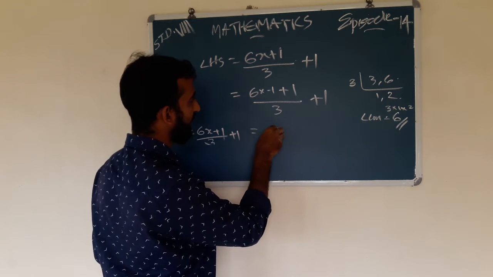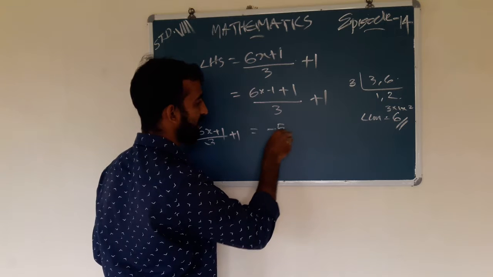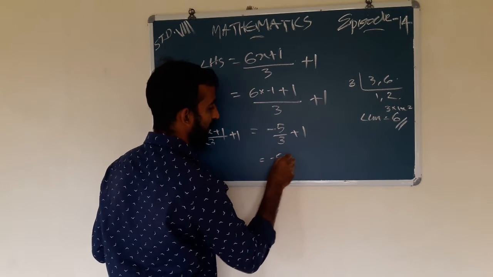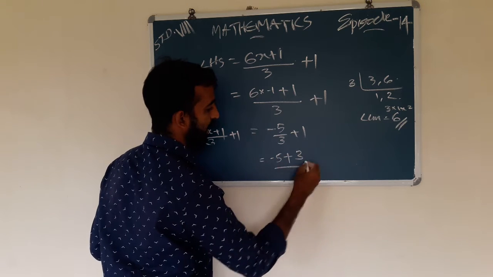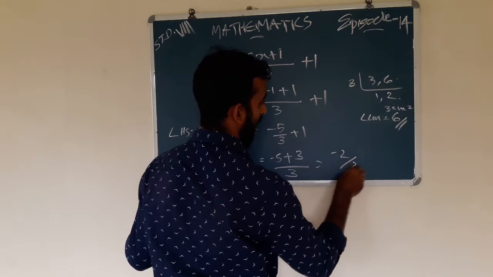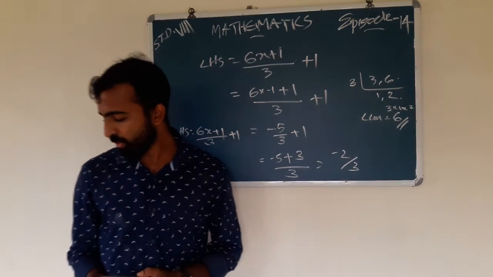That is negative 6 plus 1, negative 5 by 3, plus 1, that is negative 2 by 3.